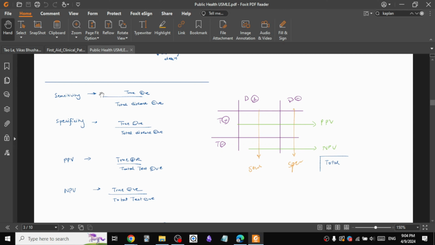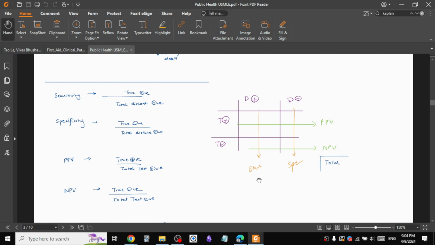In the case of sensitivity, we're looking through the disease positive lens. So what am I actually measuring? I'm measuring the true positives, that are right here. And what are true positives? They have the disease and they tested positive. True positives, that's my numerator, and my denominator will be total disease positive.